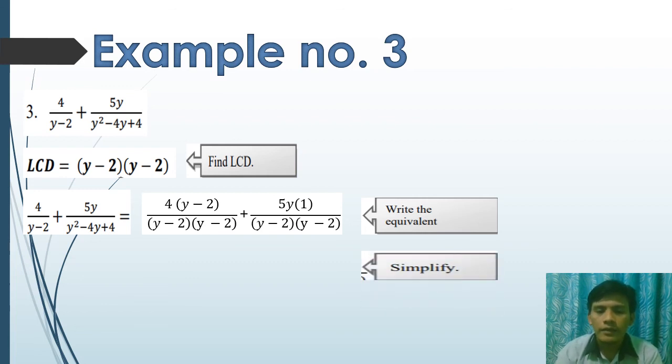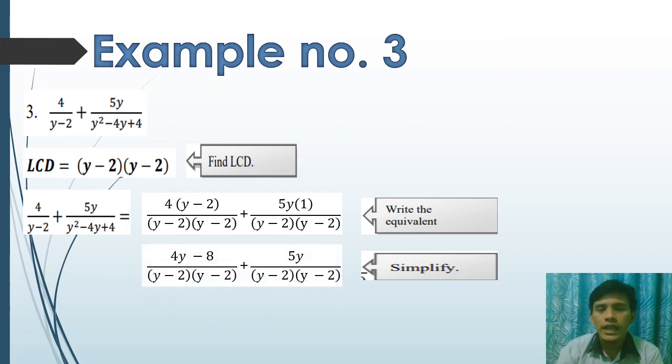Let's simplify. For the quantity y minus 2, we will use the distributive property. 4 times y is equal to 4y. 4 times negative 2 is equal to negative 8. So 4y minus 8 over the quantity y minus 2, plus 5y times 1, which is equal to 5y, over the quantity y minus 2.